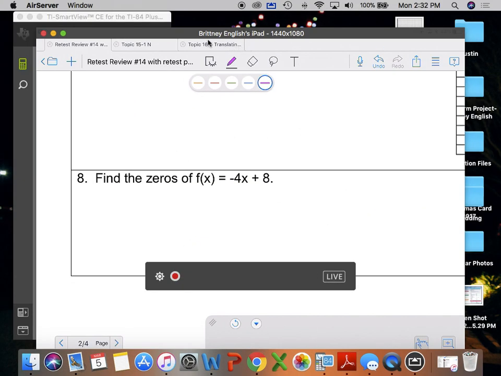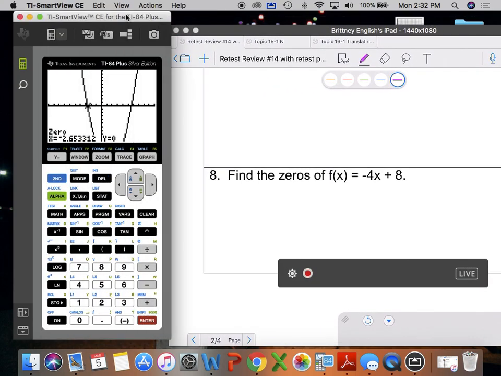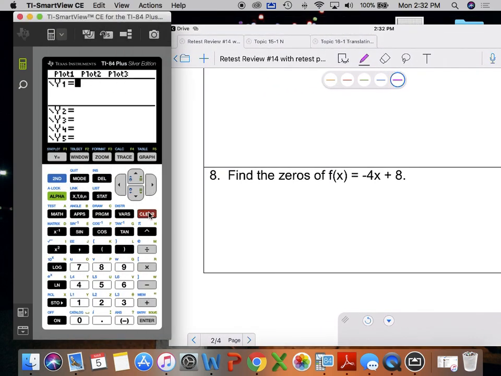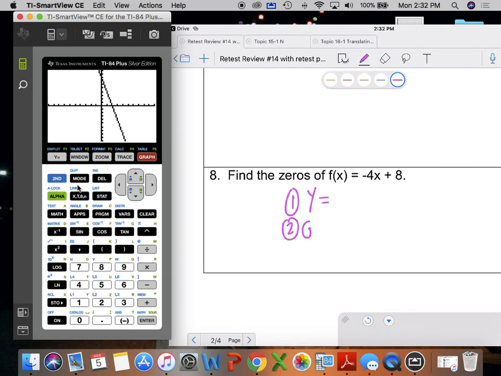Because they give me an equation, I'm going to go back to using my calculator. So in y equals, I plug this in exactly like I see it. Negative 4x plus 8, graph. My zeros, so I put this in y equals, graph, and find the x-intercepts by doing second trace 2.